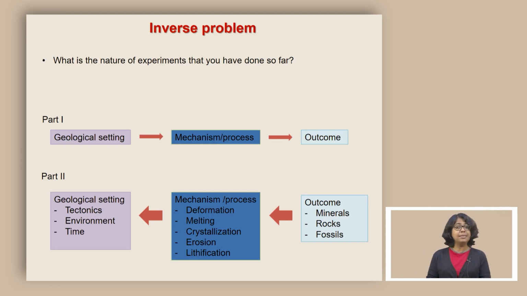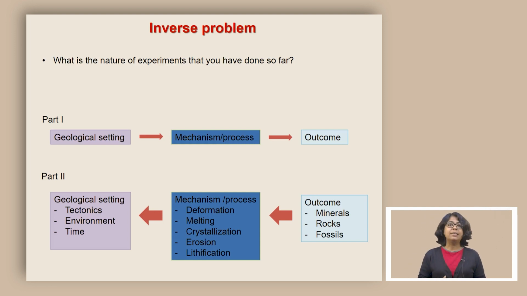The Himalayas is there, and it is not always possible to recreate this entire experiment because of lack of time and space. So, instead what we can do is to look at the outcome and then try to understand what was the original condition and what was the mechanism.